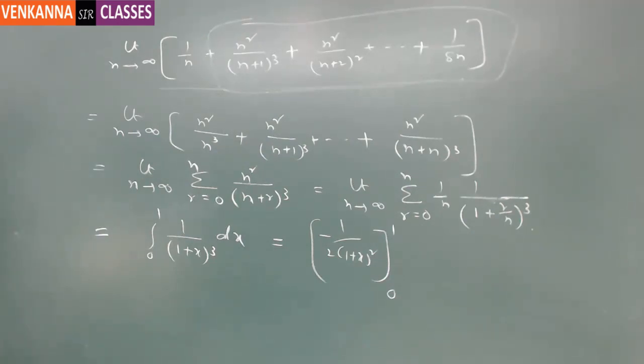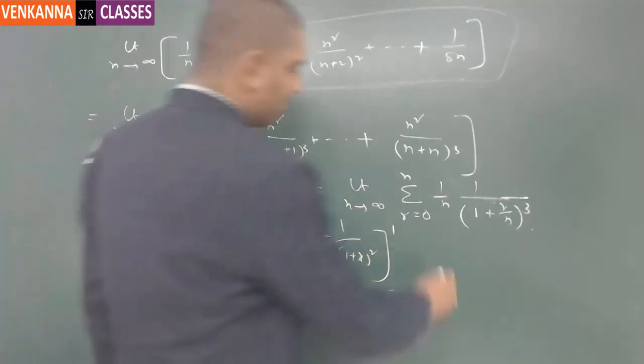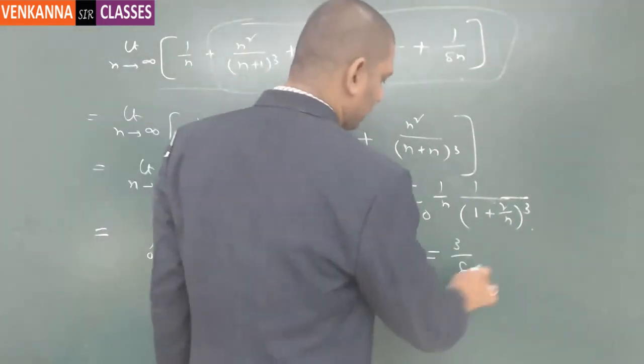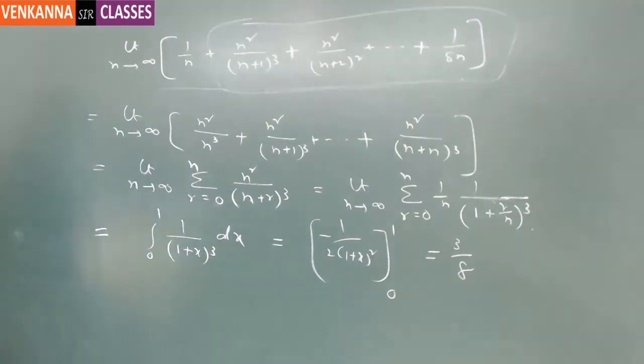Applying upper limit minus lower limit. I think you may get the value as 3 by 8. I hope so. Please check on the limit part.